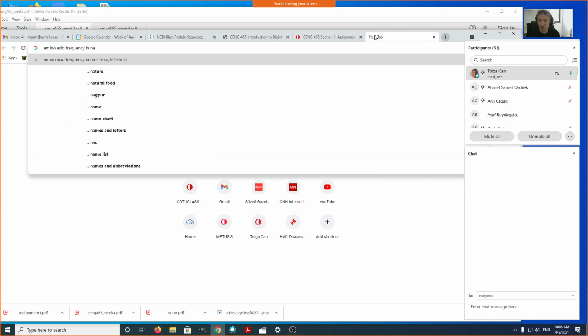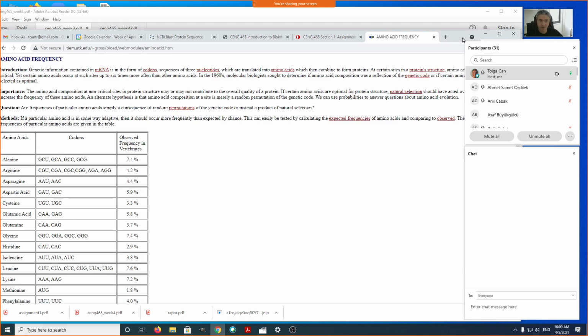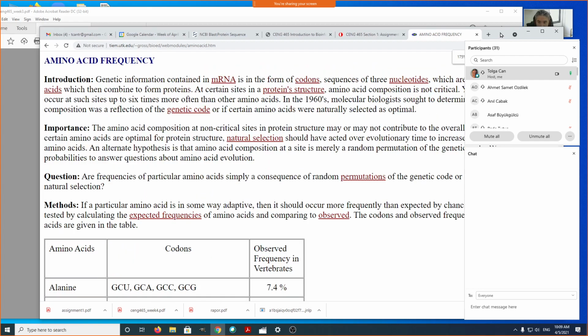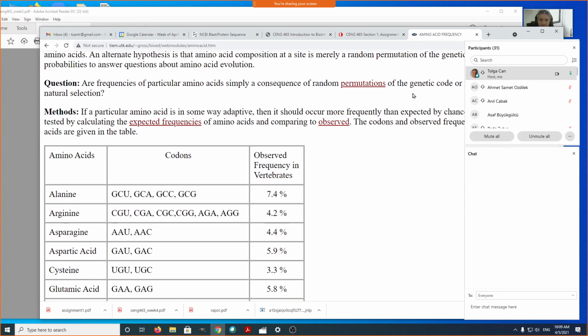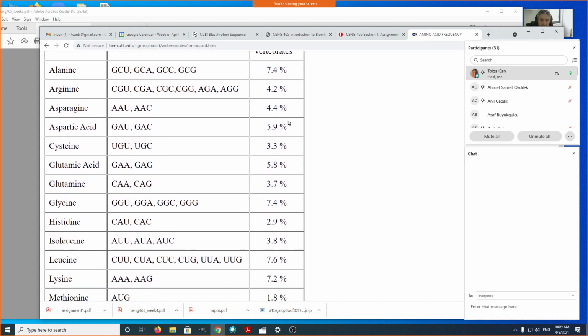Here, as you can see, there are lots of results. Let me zoom in on this website. They looked at the observed frequency in vertebrates.